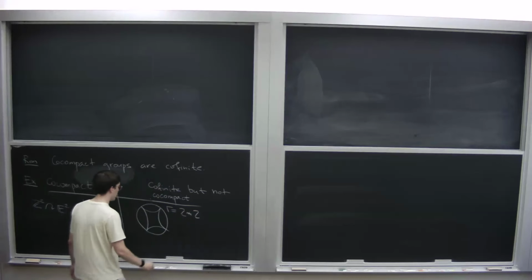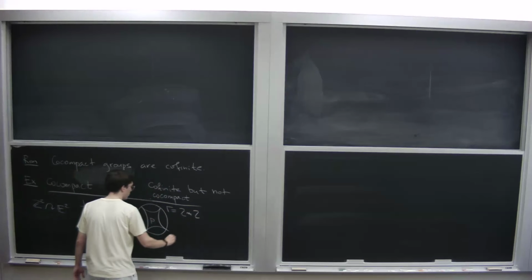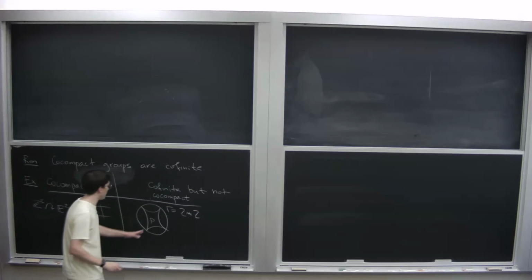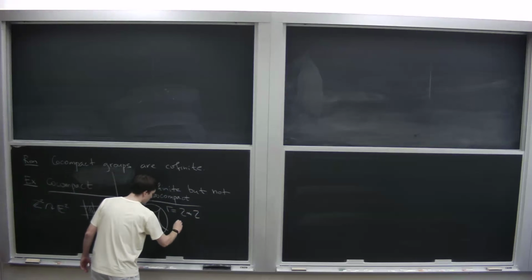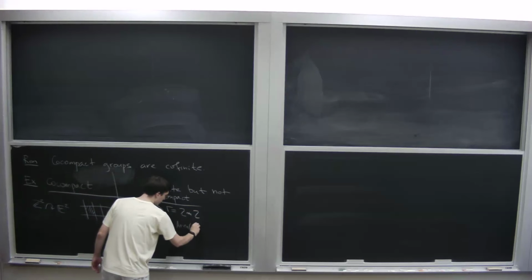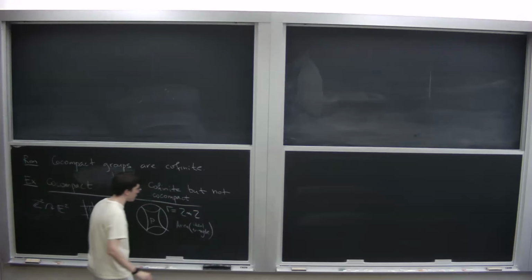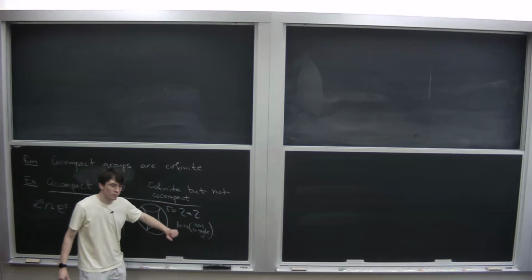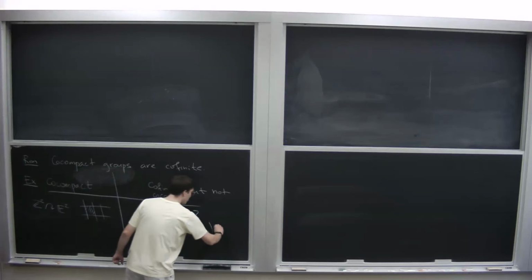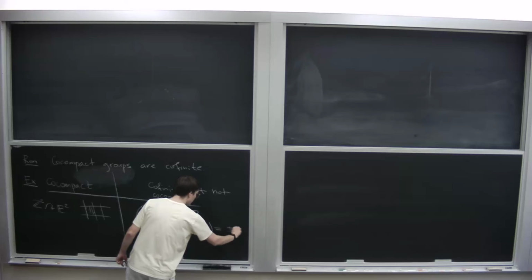Remember that the area of an ideal triangle is equal to pi minus the sum of angles, so this is equal to pi.